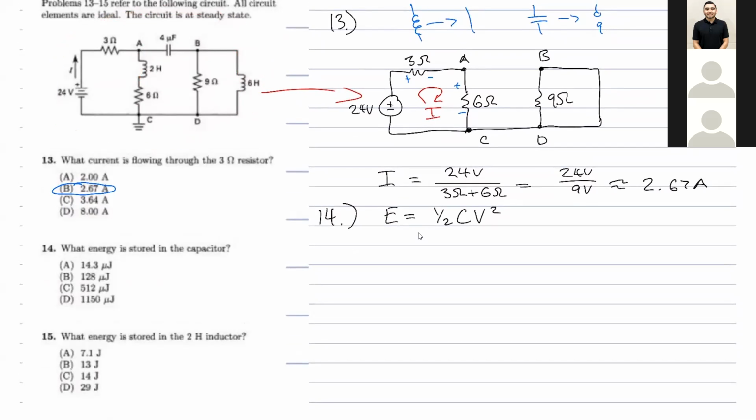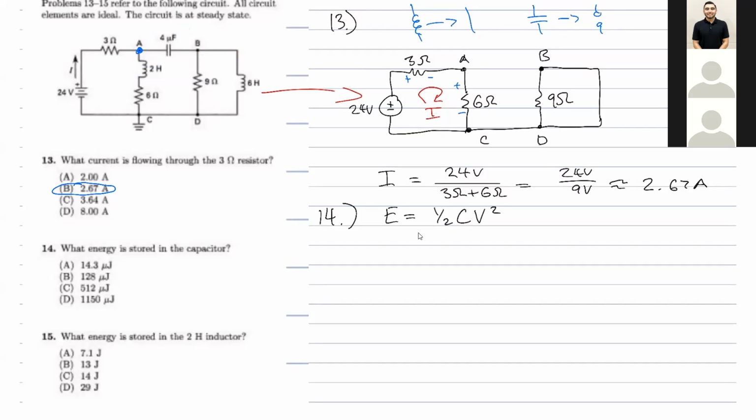If we wanna get the voltage for this capacitor, does anybody know how we get that voltage? Any hints? No? Okay, well, it's pretty much the voltage at this node right here. So if we know the voltage at that node, we're able to solve what we need for this equation.